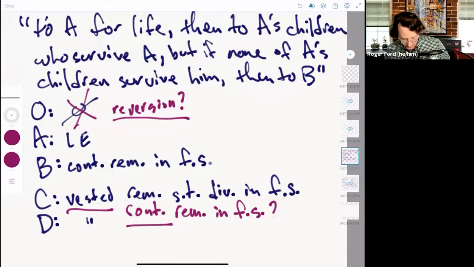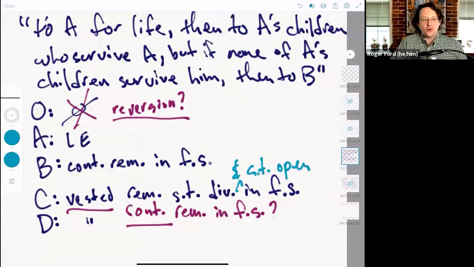That's a good point, right? We also have this subject to divestment and subject to open, maybe. The default wording here appears to suggest that A's children would get it, right? Ms. Amberdan?